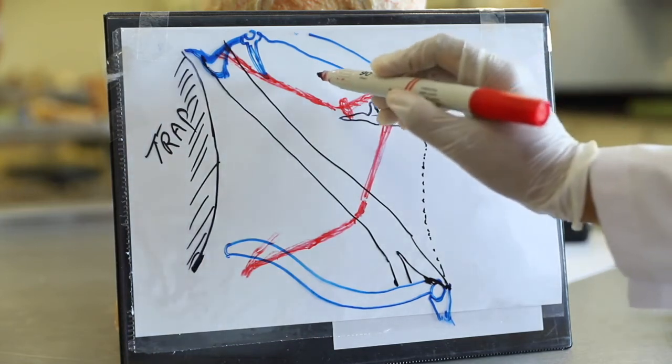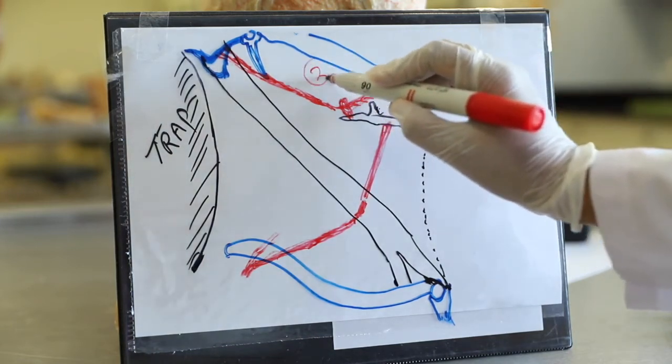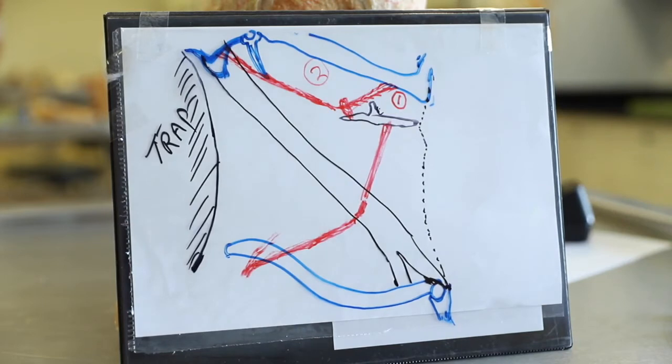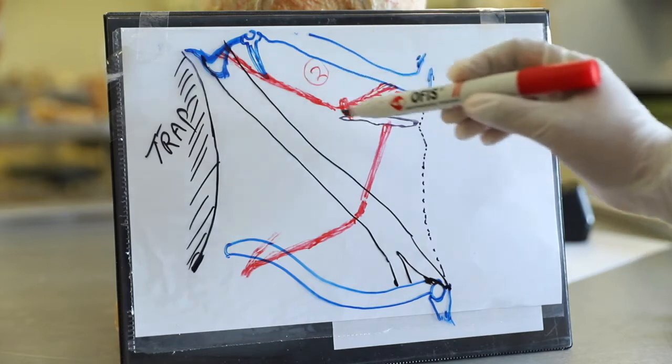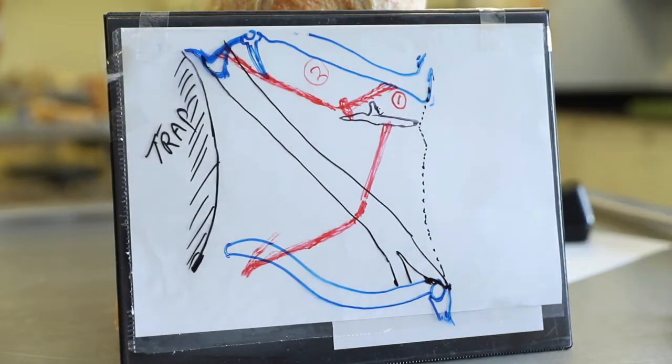The second triangle is located here. This is called the digastric triangle or submandibular triangle.